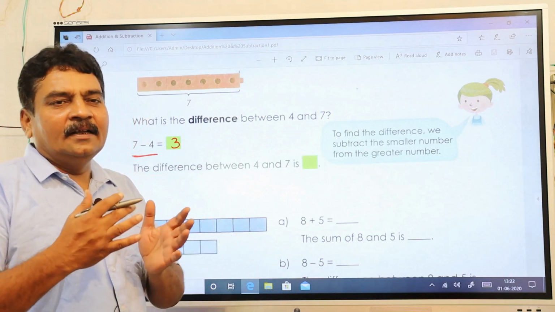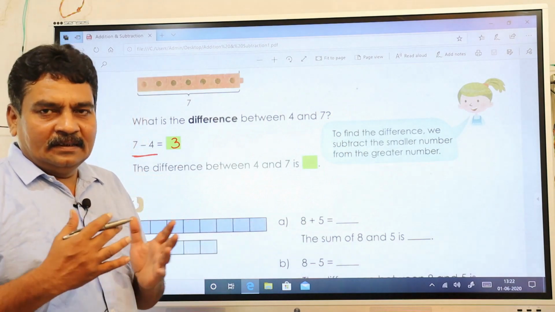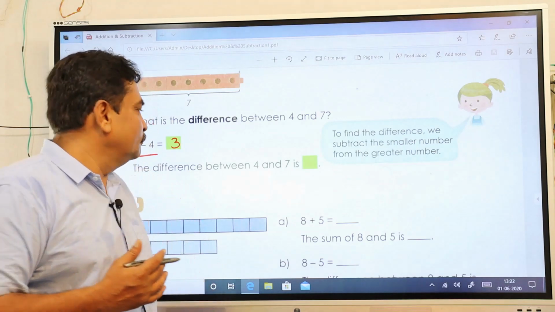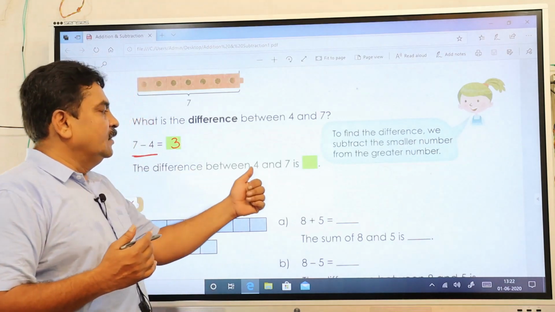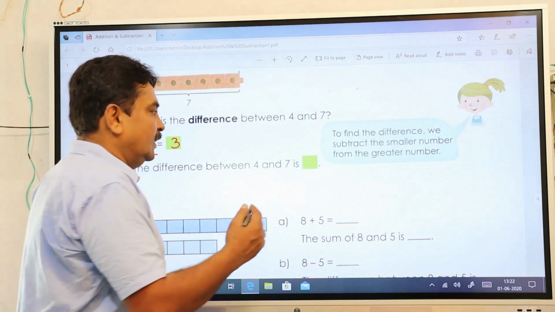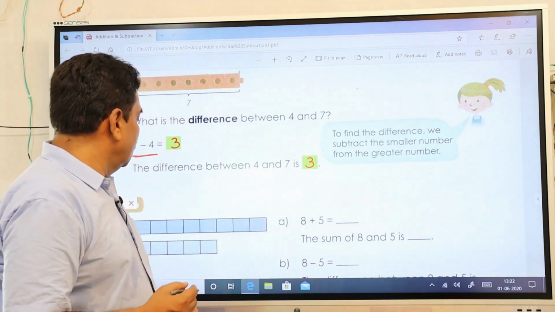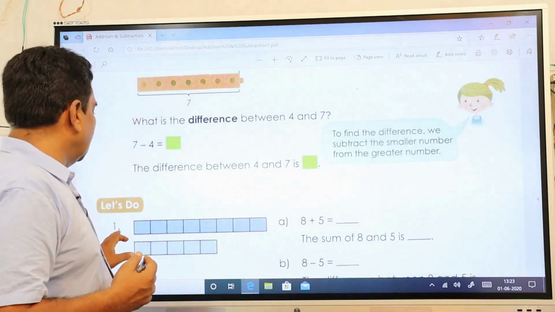So this is the starting for single digits. This is a good method. Please follow it only for single digits. So the difference between 4 and 7 is 3. So you should write down 3 here. And then let's go to the next one.